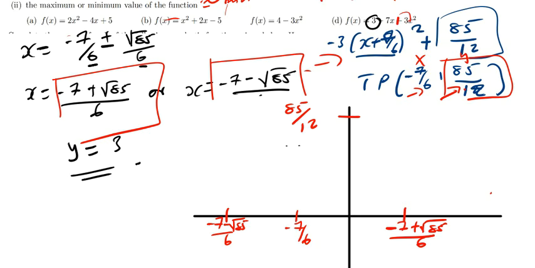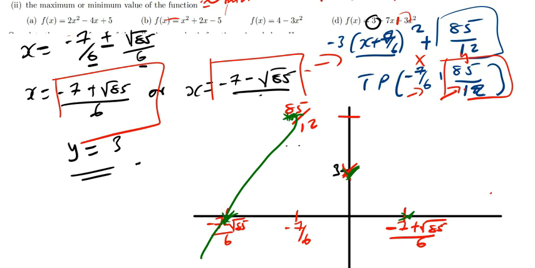Now, the y-intercept is at 3. That's where the graph is going to cut the y-axis. So it has to cut there. Let me use a different color. It has to cut there. When it reaches there, it has to turn. It has to cut this point. It has to cut that point. So like we said, it will come here. When it reaches there, then it turns.